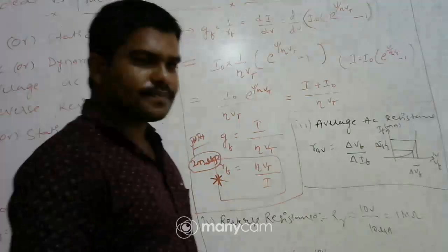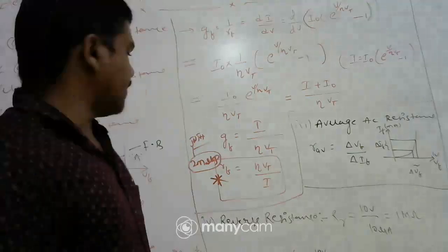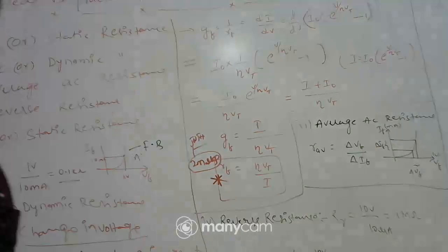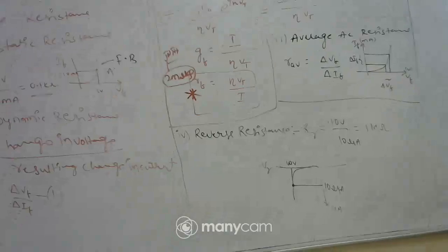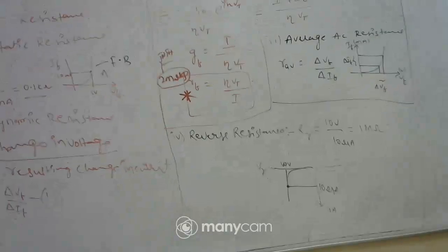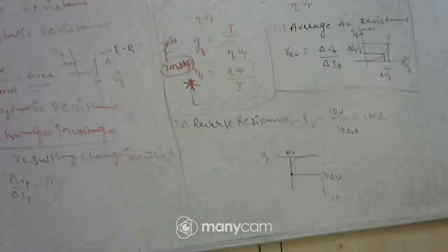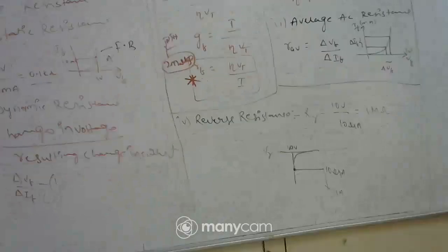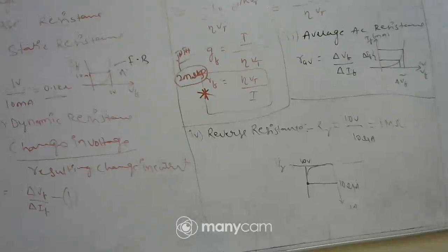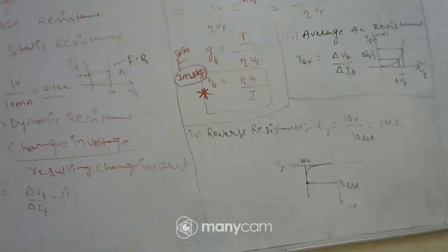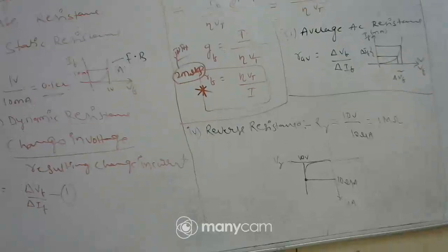Then the next one, reverse resistance. We can calculate reverse resistance from the reverse bias characteristics, as reverse voltage to reverse current.